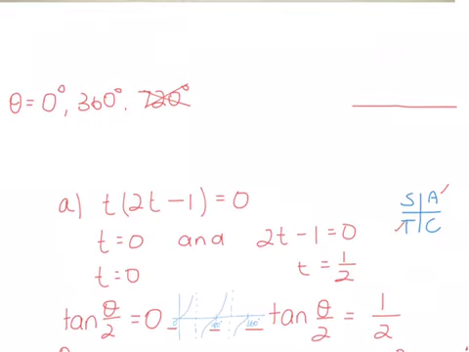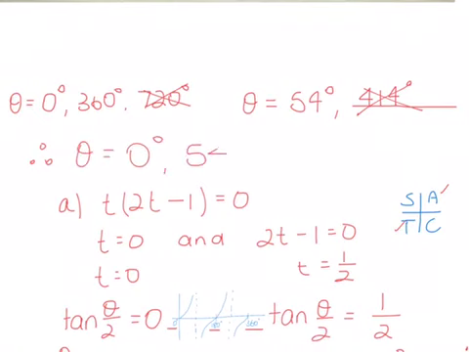The same will happen with the values found for tan of a half. So doubling the 26.6 degrees and rounding to the nearest whole number, we'll end up with 54 degrees, which is still in our domain. But the 207 degrees, which rounds to 414, is now outside of our domain, and so we'll discount it. And that gives us 3 solutions for this equation, which are 0 degrees, 54 degrees, and 360 degrees.